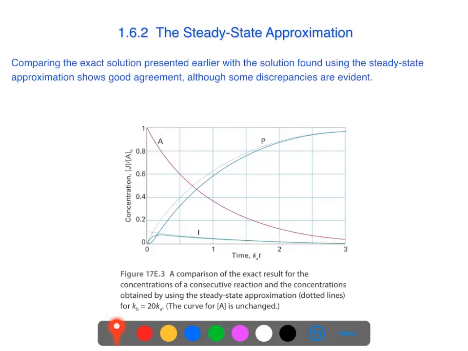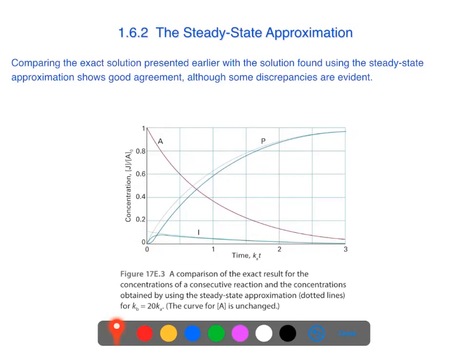And similarly with product formation, the steady state approximation would assume product forms right away. We know that's not the case because we need to form intermediate before intermediate can be transformed into product. And so again, there's a bit of an induction period, as we call it, or a bit of a lag before we see product formation in the exact solution. But we can see that at longer times, we start to get decent agreement, and definitely by the end of this reaction, we have good agreement with the steady state approximation.